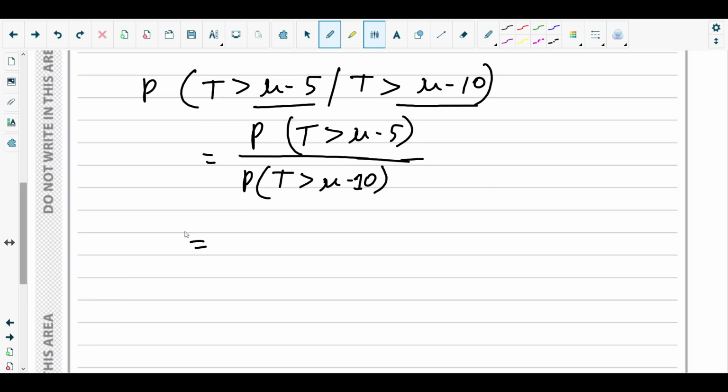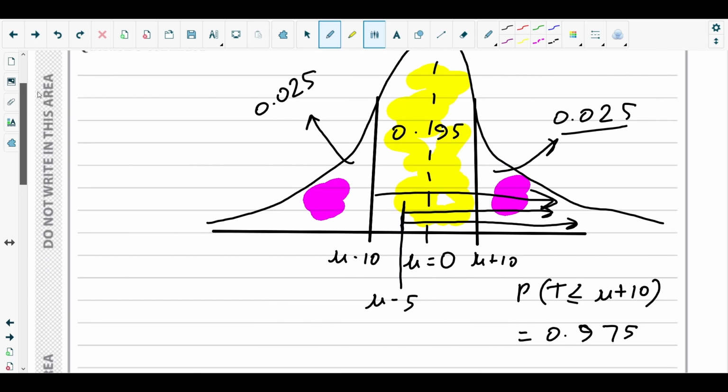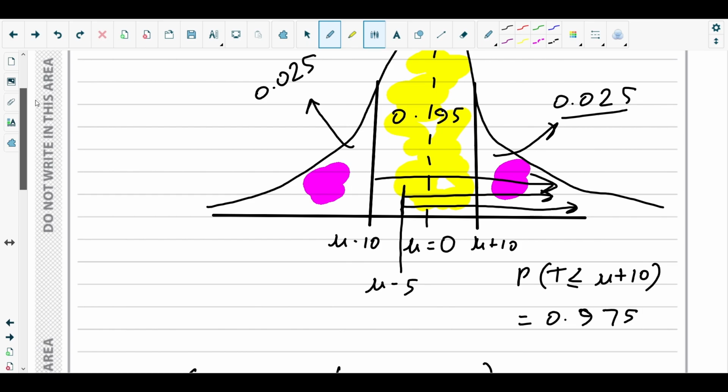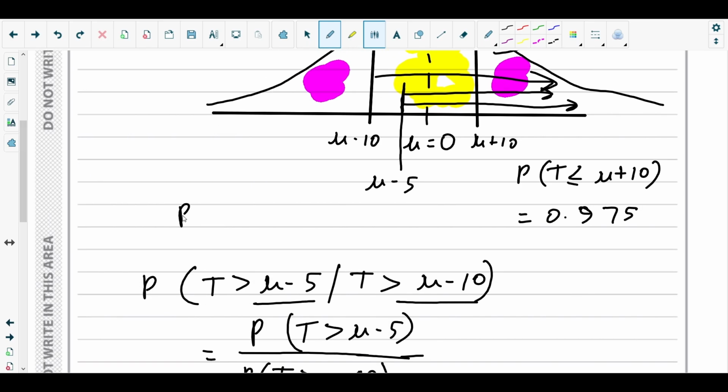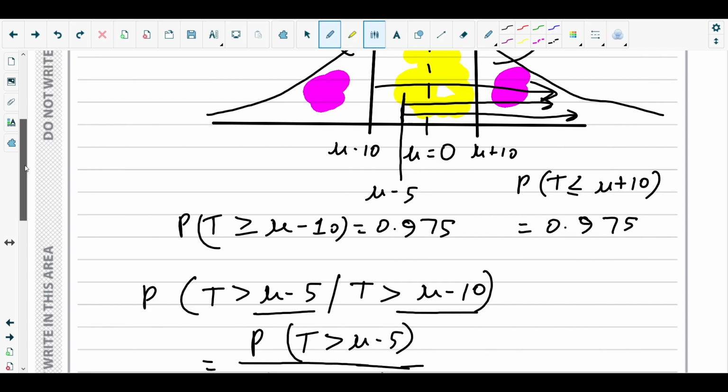So the probability of t less than or equal to mu plus 10 is 0.975. And using symmetry we can say that the probability of t greater than or equal to mu minus 10 is also the same, 0.975, right? 1 minus 0.025.